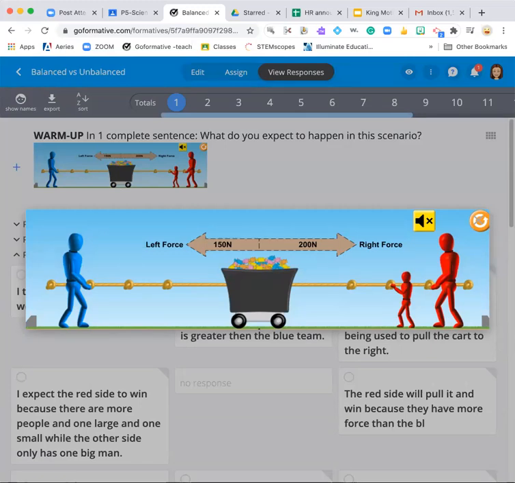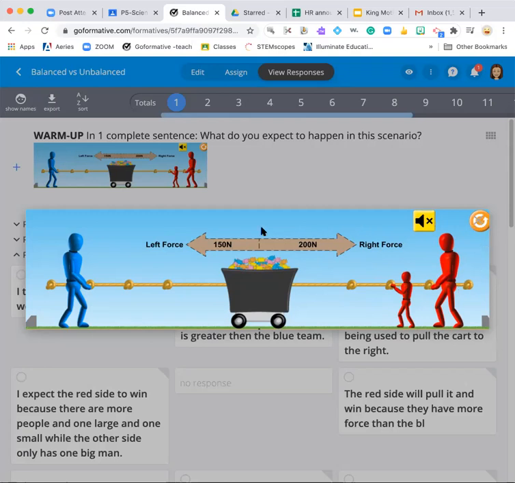The red team has more newtons that they're pulling toward them. Okay. Samori, what would you say? Red team because it has like more people. Okay. So all of those would be correct. And as we're seeing, some of you mentioned there's more people over here, more newtons, more force. So yeah, we would expect this cart to go to the right and the red team would win.